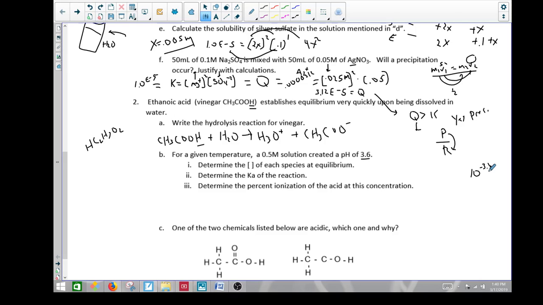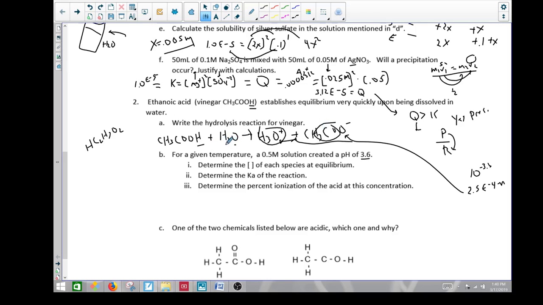Second, the inverse log of negative 3.6 is 2.5 e to the negative fourth. So this concentration will equal this guy and that guy, the H plus.